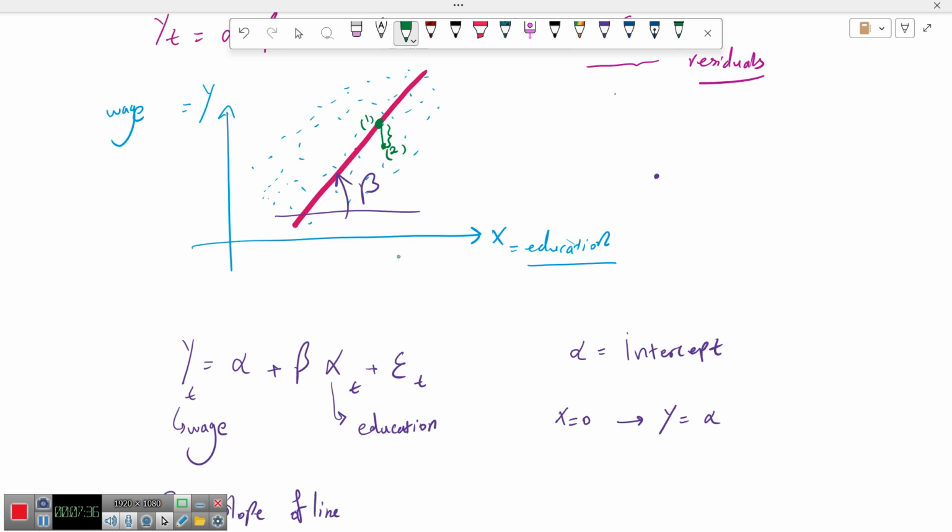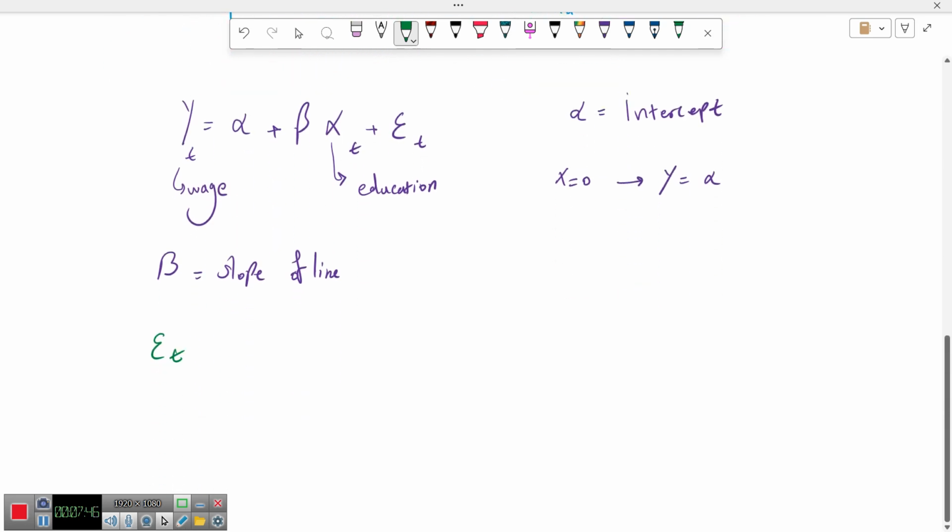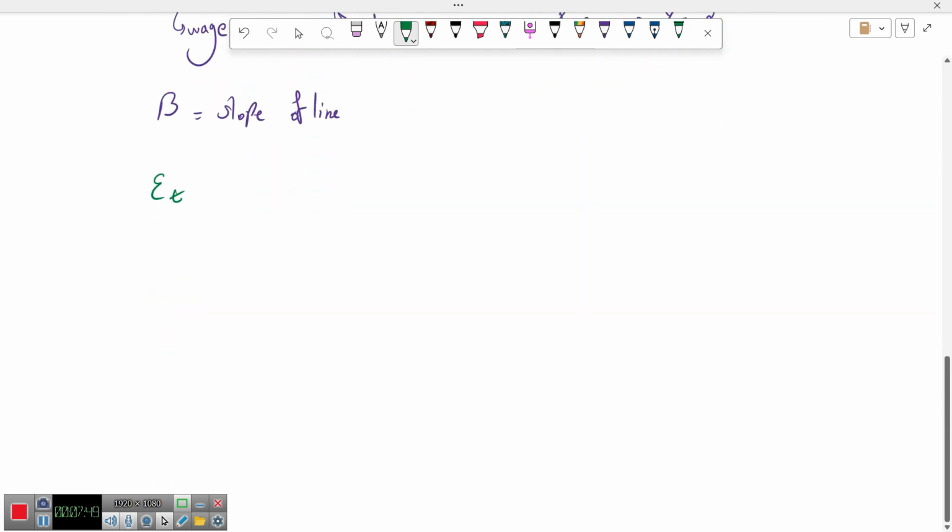So this distance is the error, and it's the epsilon. It also accounts for factors that are not included in the model but might still be important for the wage. For example, this could be things like experience, personal skills, or other unobserved variables that influence wage, but are not entered in the model.